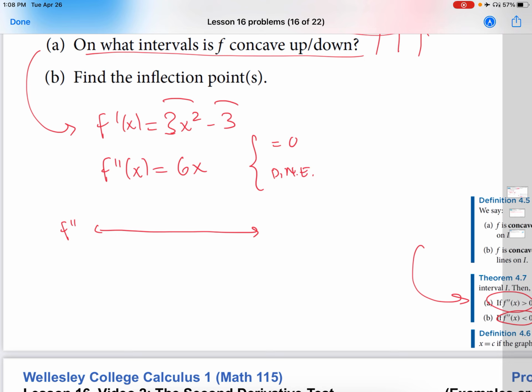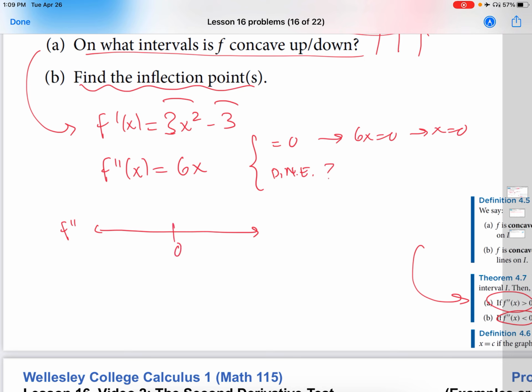These are candidates for what we will talk about in B, inflection points, but they're also candidates for the points at which the function may change concavity from up or down, and therefore telling us concave up or concave down. So if I set 6x equal to 0, then I get x equals 0. So that's a point that we will put on our number line.